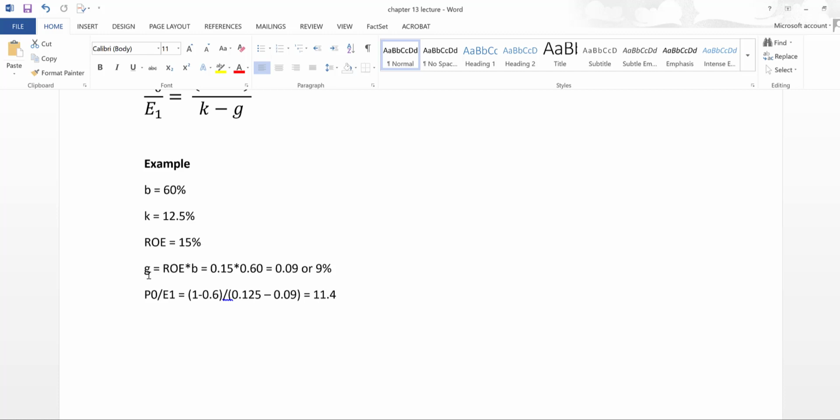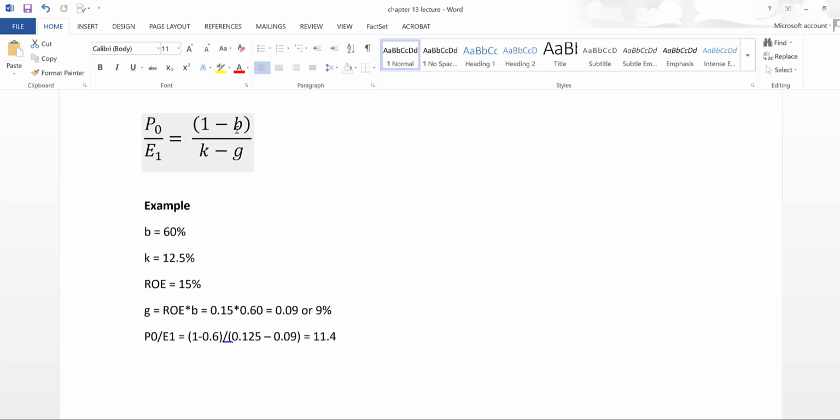What we need is 1 minus B over K minus G. G we can compute as the product of ROE and B: 0.15 times 60% gives us a growth rate of 9%.